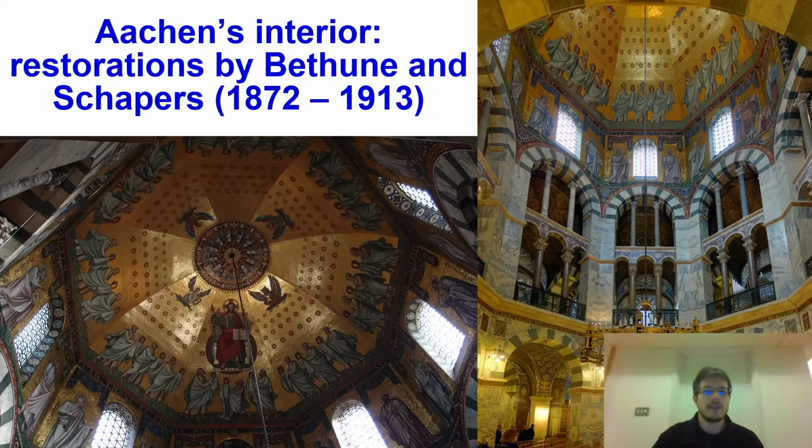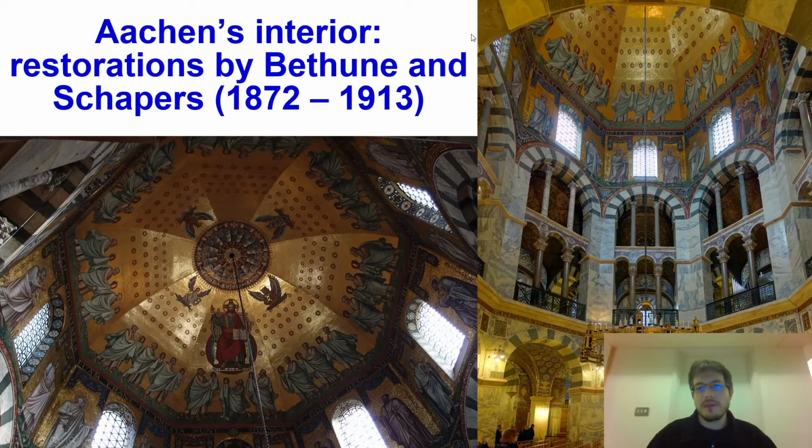Today it looks like this, so this is a late 19th, early 20th century reconstruction. We see the dome, which more or less fits the original iconography, so the 24 elders of the Apocalypse surrounding God, the old ruler, on his throne, and the four apocalyptic beasts which represent the evangelists.